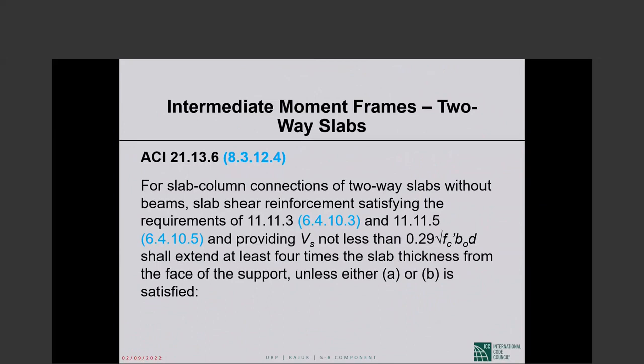In as long as I remember, this section for slab column connections of two-way slabs without beams: slab shear reinforcement satisfying the requirements of section such and such and providing V sub S not less than, in our units, 3.5 square root of f sub c prime b sub 0 d shall extend at least 4 times the slab thickness.